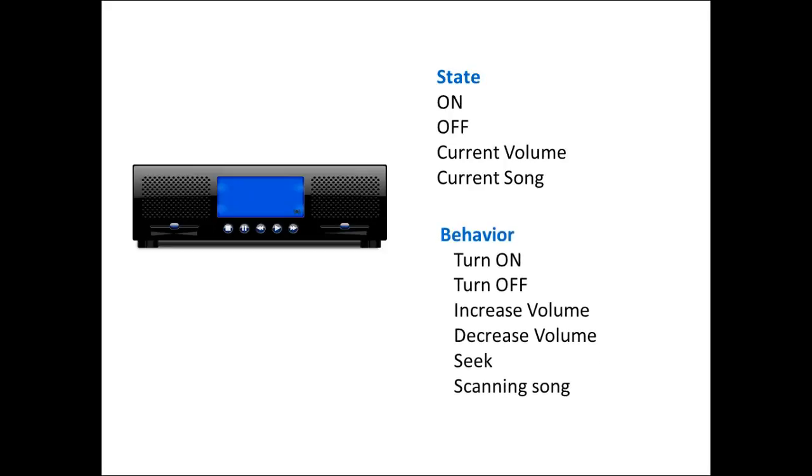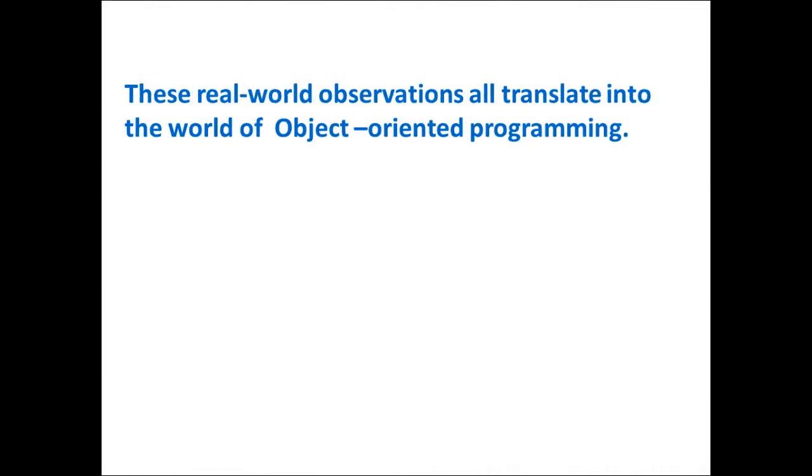But your music player system might have additional states, that is on, off, current volume, current song, and behavior like turn on, turn off, increase volume, decrease volume, seek, scanning song, like this. You may also notice that some objects in turn will also contain other objects.